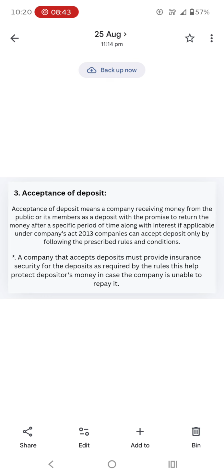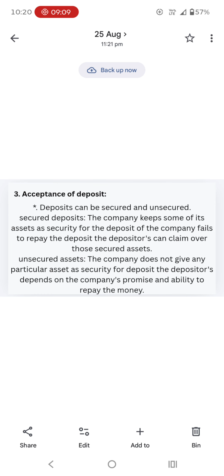If a person is going to invest, he should have some security, right? So the company will provide insurance for the deposit, and the company's responsibility is to protect the depositors' money in case the company is unable to repay it.